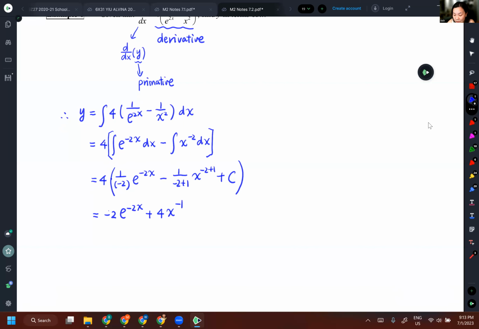Okay. And then you have 4 multiplied c. But you won't write 4c. You will just write c. I know 4 multiplied c is not c, but since c is arbitrary, I don't have to write a more difficult c. It's just a constant. C here means any constant. So you don't write 4c, you just write c.